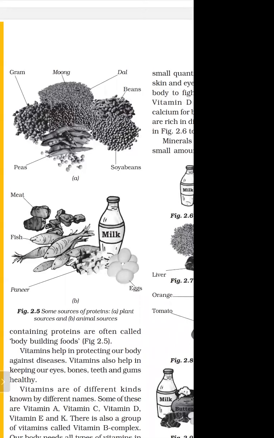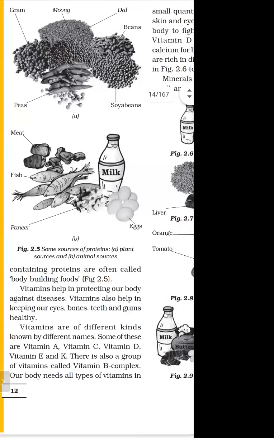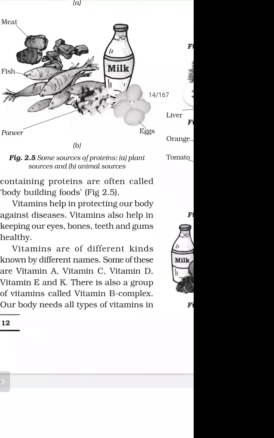Next is vitamins. As we know, vitamins protect us from any disease, and this gives us immunity. Vitamins also help to keep our eyes, bones, teeth, and gums healthy.